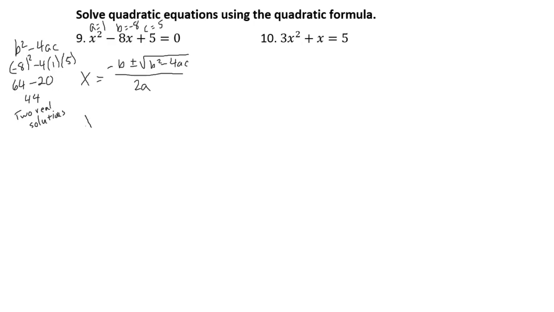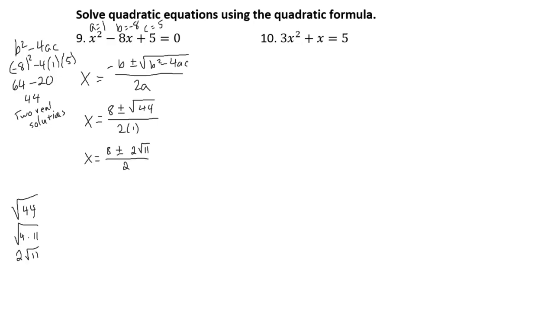Okay, so that will give us x equals the opposite of b, which is 8, plus or minus square root of 44, all over 2 times 1. So that's x equals 8 plus or minus, and the square root of 44, doing it on the side, is 4 times 11, so that's 2 root 11, all over 2.